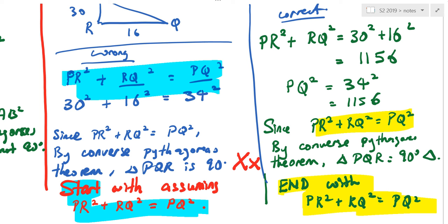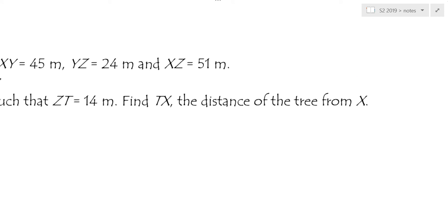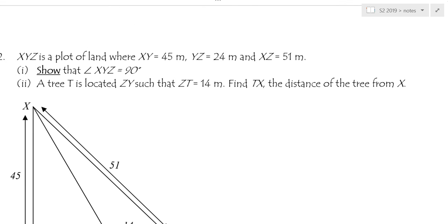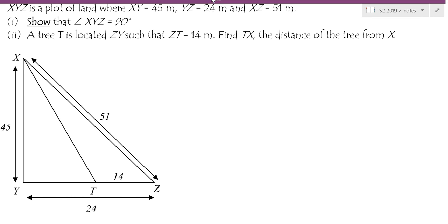So on top, you pretend you don't know, you go and find the individual length square and see whether they are the same. Now you understand? Okay, this chapter is done. Just like that. A very fast thing. Can you now try this?